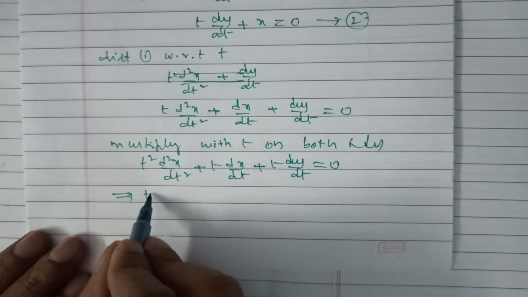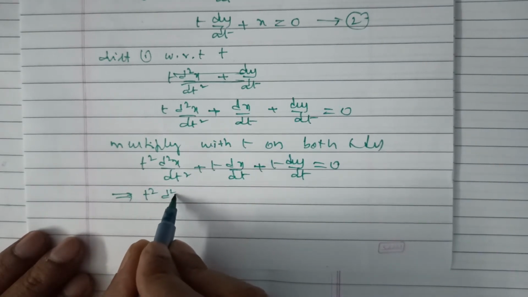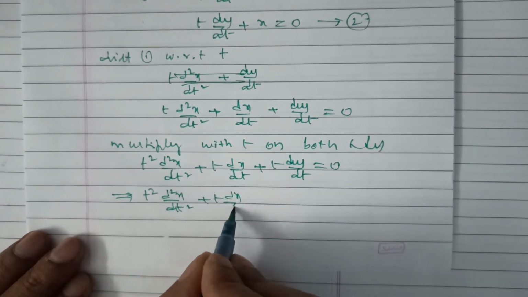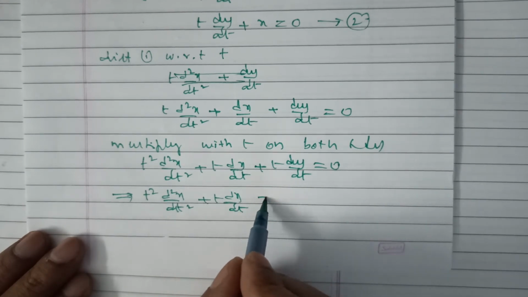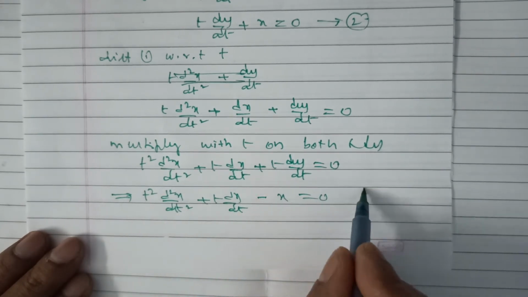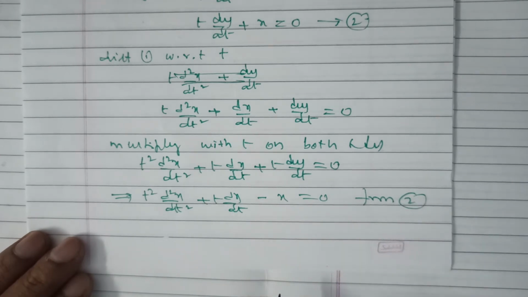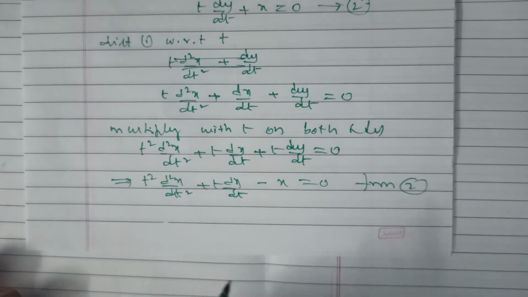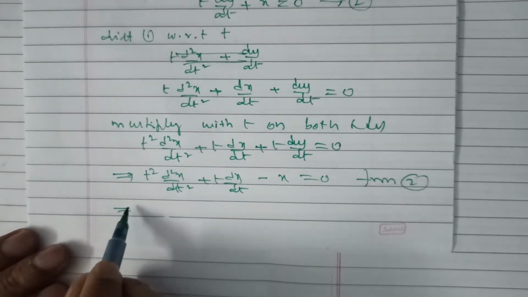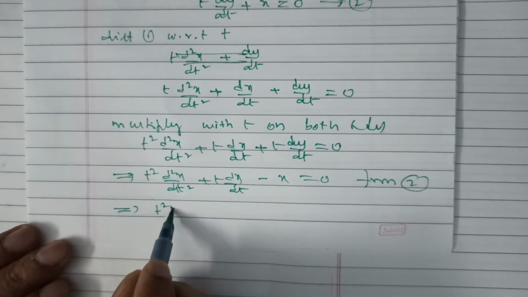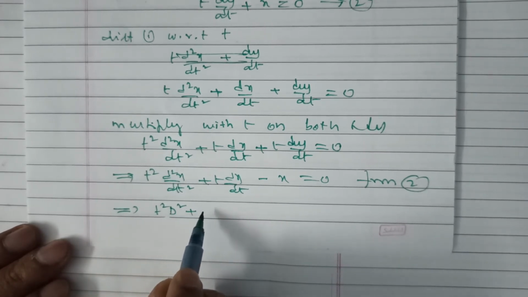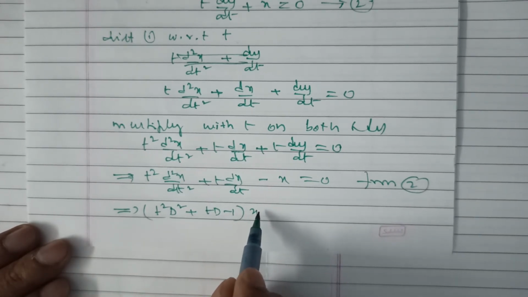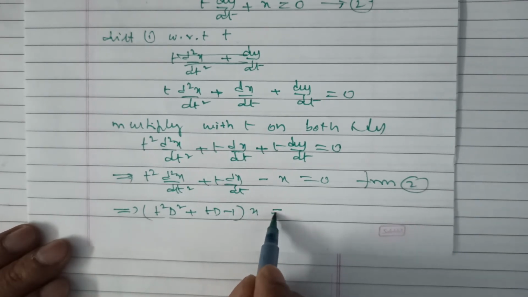So this equation is now t² d²x/dt² + t dx/dt minus x is equal to 0. This implies (t²D² + tD - 1) x = 0.